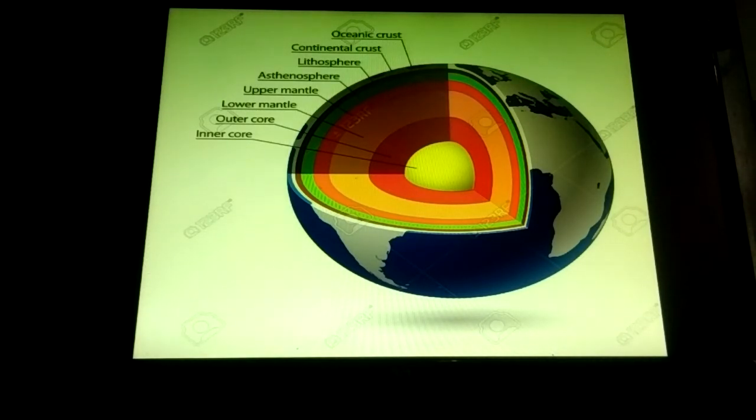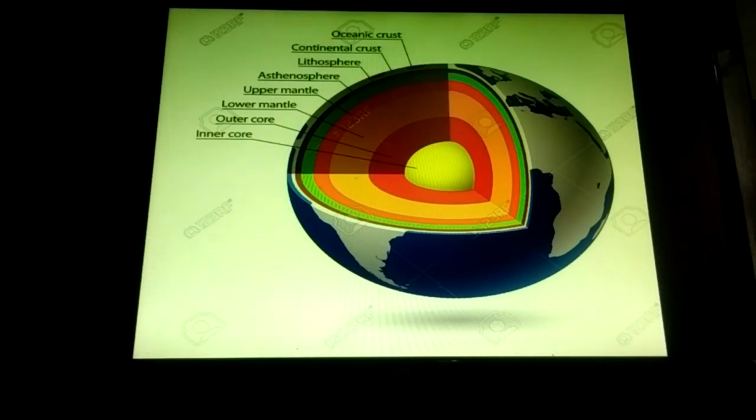The outer core is rich in iron and it is in a liquid state. It extends between 2900 and 5150 kilometers.